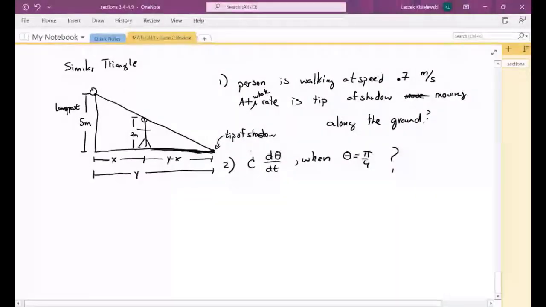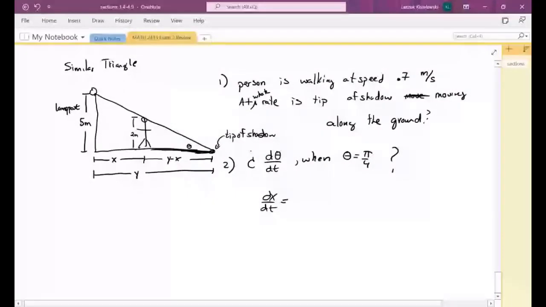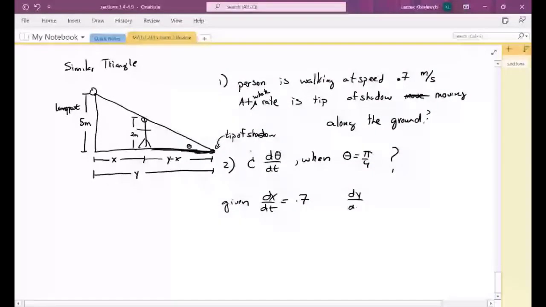So in this figure, you want to relate dx/dt, which is given. That's 0.7, how fast the person is moving away from the lamppost. And we want dy/dt, how fast the tip of the shadow is moving along the ground, relative to the lamppost as opposed to relative to the person.